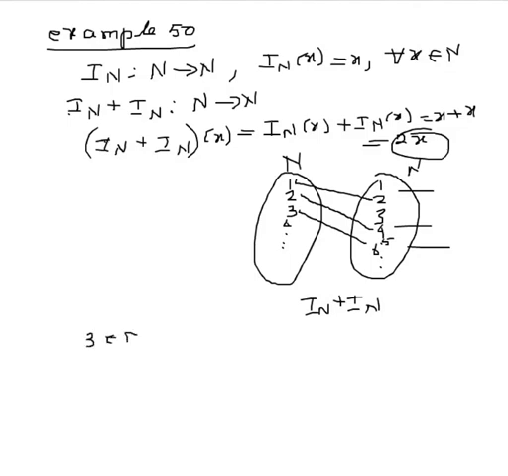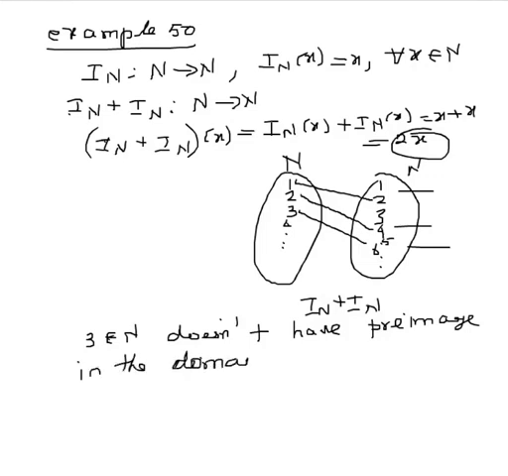So, 3 belonging to N doesn't have a pre-image in the domain N under I_N plus I_N. Therefore, I_N plus I_N is not onto.